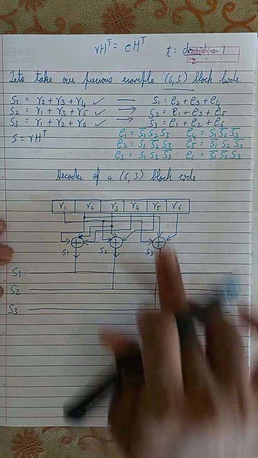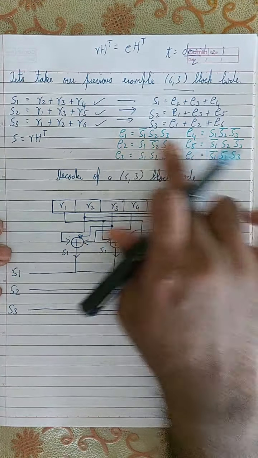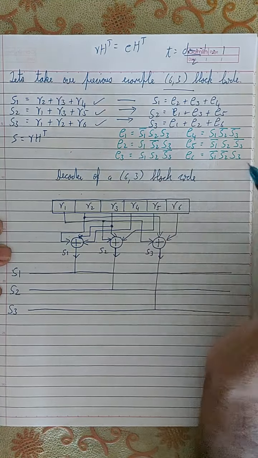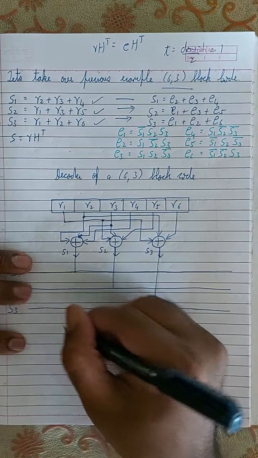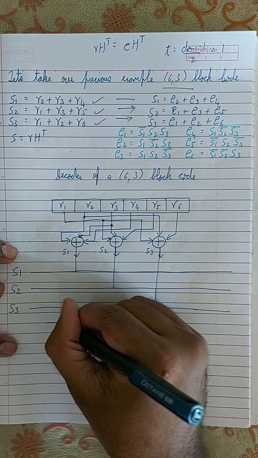Now I'm going to draw for each of these. All you need to do is very simple: just draw 6 3-input AND gates. That's all. So let me draw it.